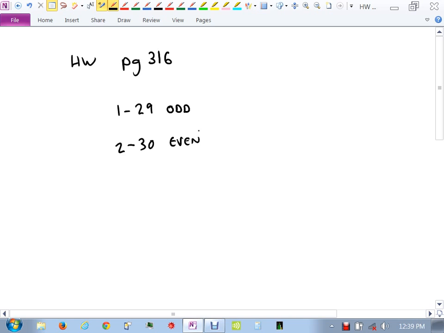But I would start with the odds, check them in the back of the book. I think I have the evens worked out already on the web. And then there's a few more that I will ask you, but we have not covered yet, so I'll put it in red. Number 35. Number 37. So we haven't covered those, so you might not want to try and do them yet, all right?